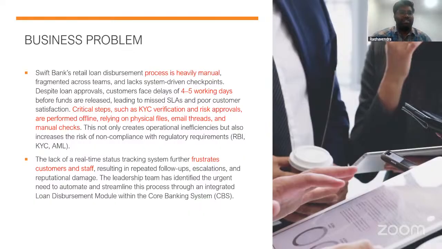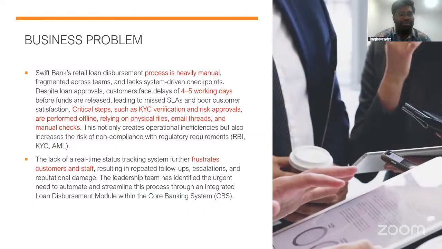So it has slowed down the SLAs and it has also caused a lot of frustration in the customer, and the customer might not recommend the bank or come back when he is in need of funds.